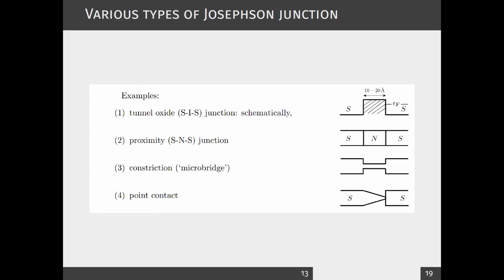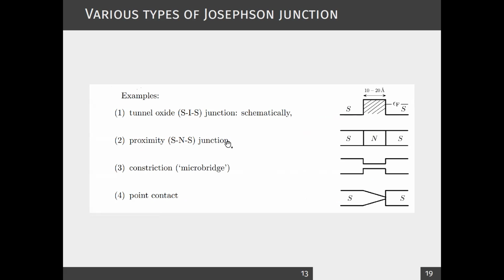I want to mention that there are various types of Josephson junction. First, the tunneling Josephson junction: superconductor, insulator, superconductor. You can see the thickness of the insulating element can be 10 to 20 angstrom.